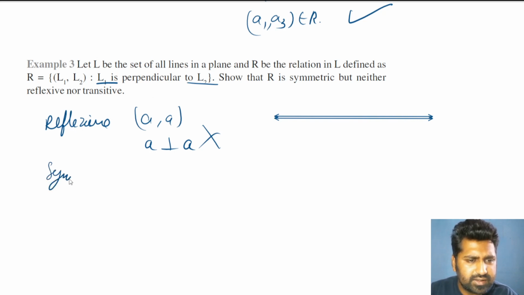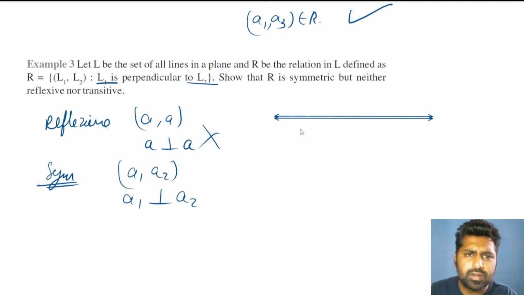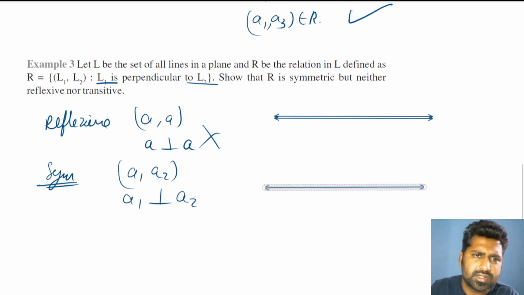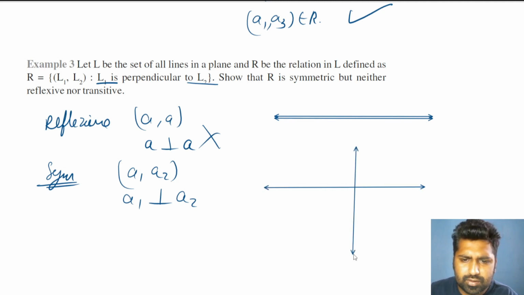Similarly, let's check for symmetric. So symmetric says (A1, A2). There are two lines, A1 and A2, and the relation is that A1 and A2 are perpendicular. I'm drawing just to make you understand. Let's say this is line A1, this is line A2.